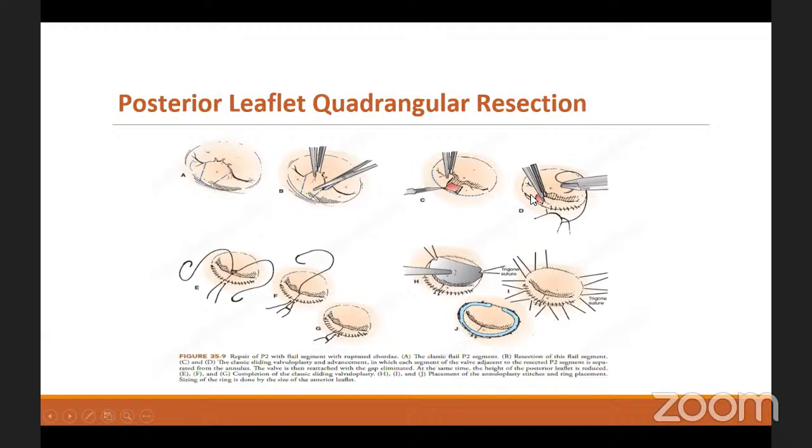The two parts of the leaflet, P3 and P1, are advanced together and reattached to the annulus from either side, and then the two free edges of the leaflet are approximated together. After repairing the leaflet, we put in the band or the ring, and the size is usually determined by the anterior leaflet height.